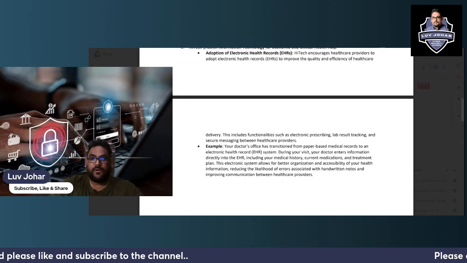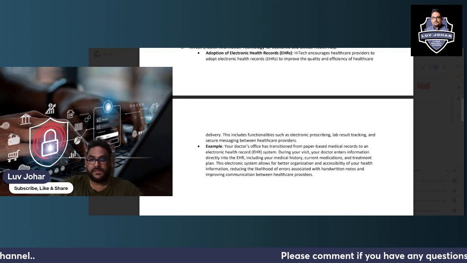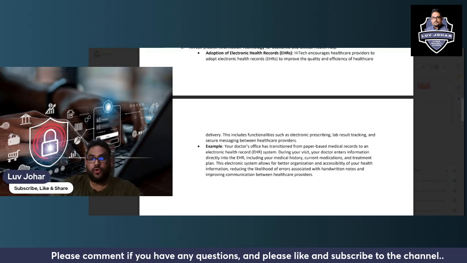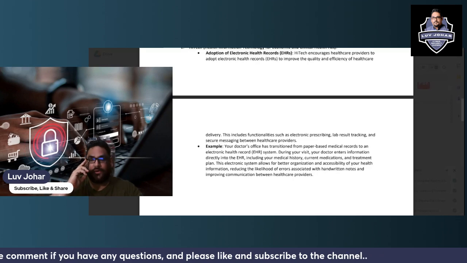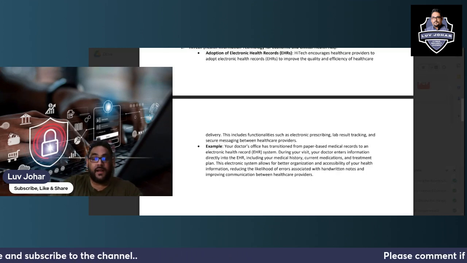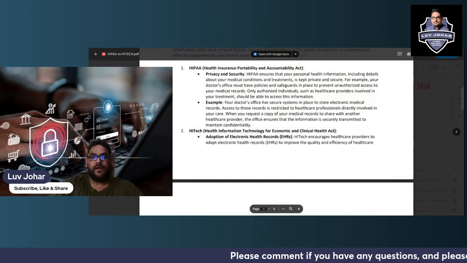So during your visit, your doctor enters your information directly into the electronic health record system (EHR), including your medical history, your current medications, and treatment plan, etc. So this electronic system allows for better organization and accessibility of your health information, reducing the likelihood of errors associated with handwritten notes, and improving communication between healthcare providers.